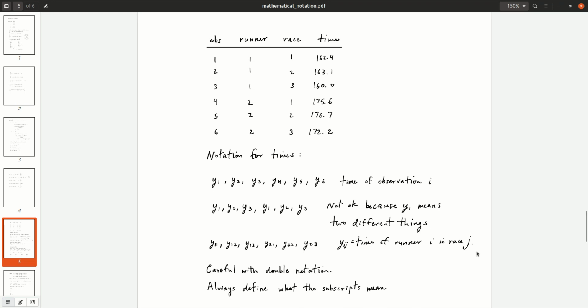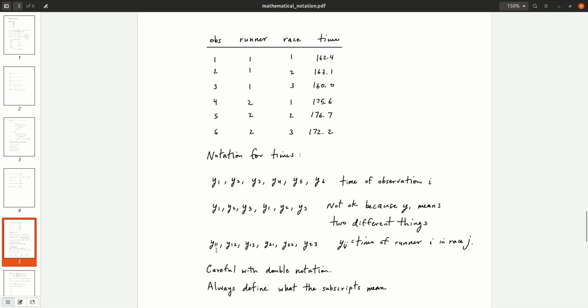Now the reason this is unambiguous is that each runner will have only one time for each race. I suppose if you did this over multiple years, you would need another subscript to determine the year. But in this data set, we just have one observation for each runner in each race. So this one also is unambiguous.